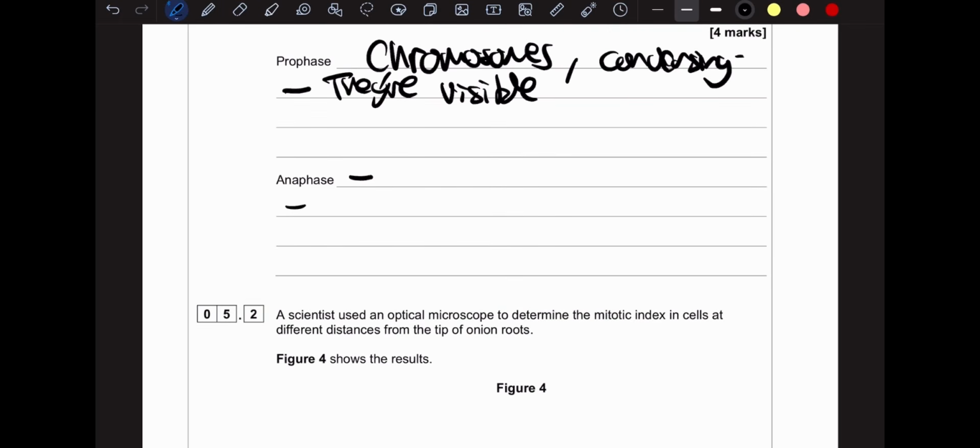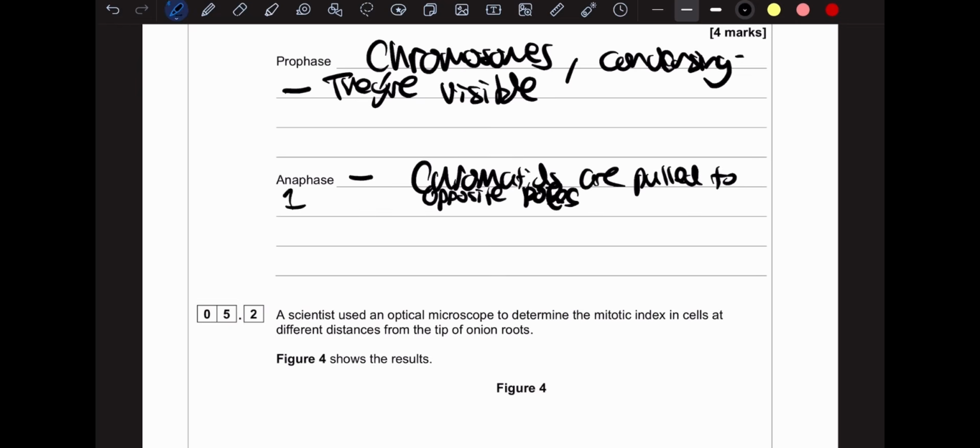So what can we say? Well, the centromere, the chromatids are pulled to opposite poles, right? If you didn't know, we have 2 poles in the cell.